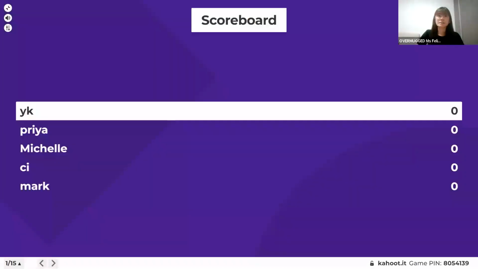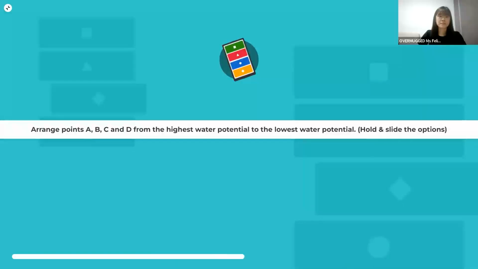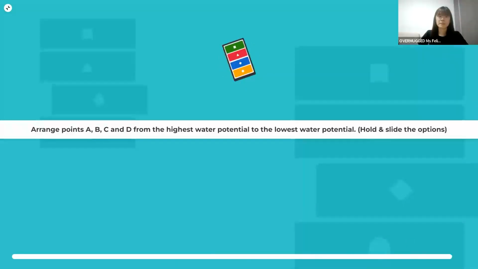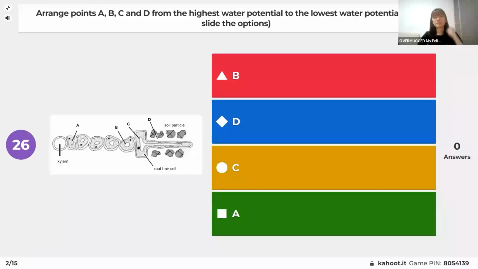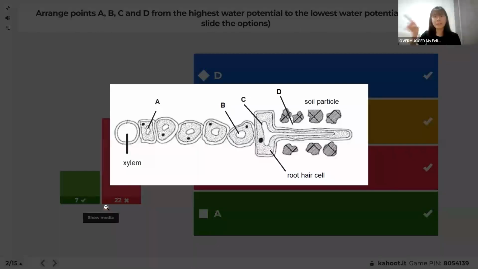Okay, so the next question. The correct answer is: water must always move from high to low water potential, right?